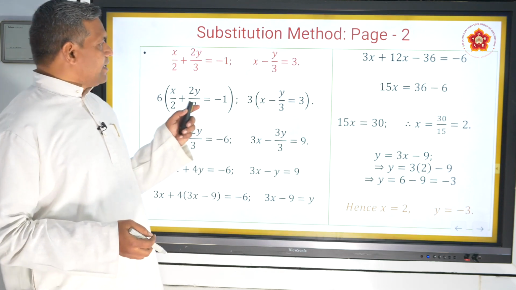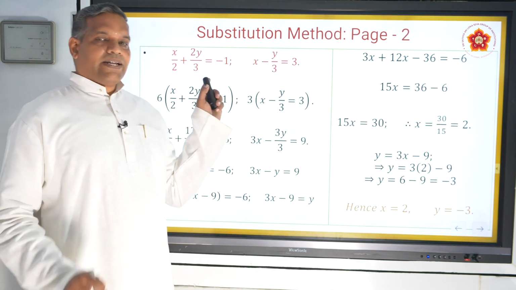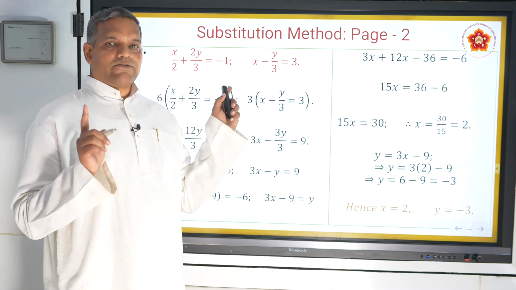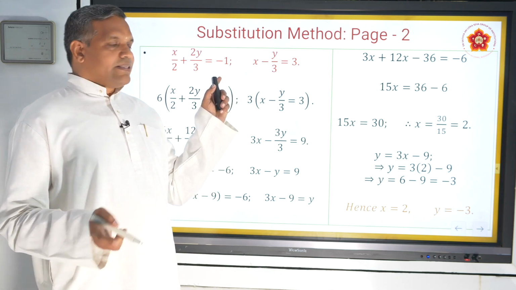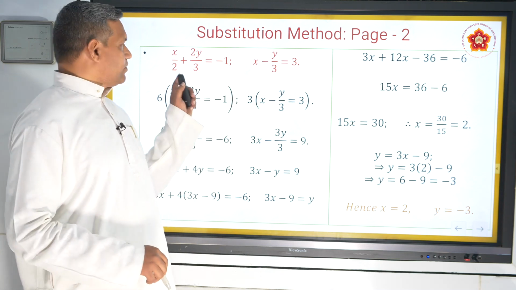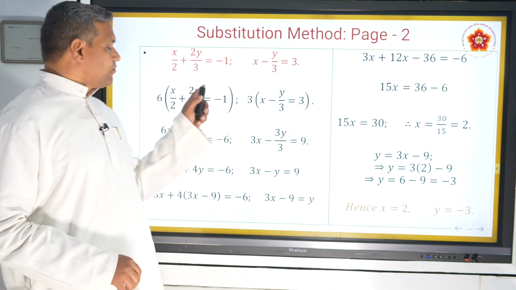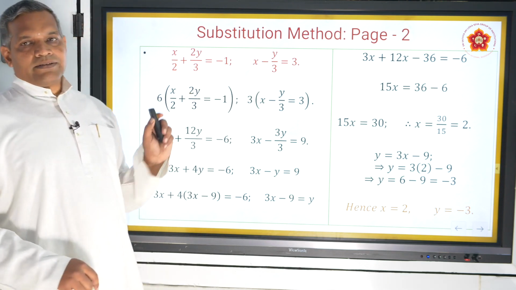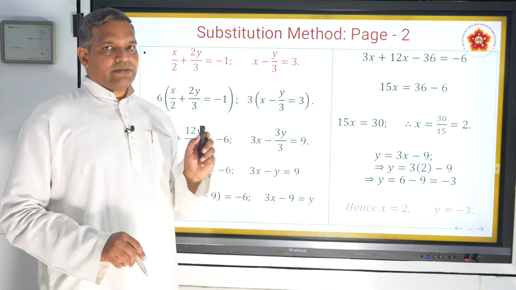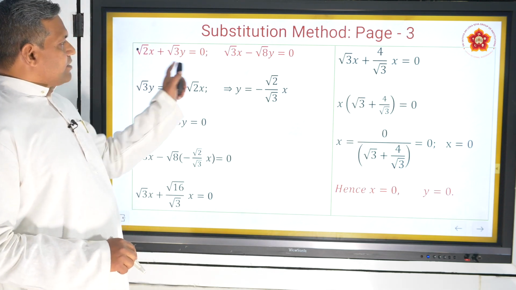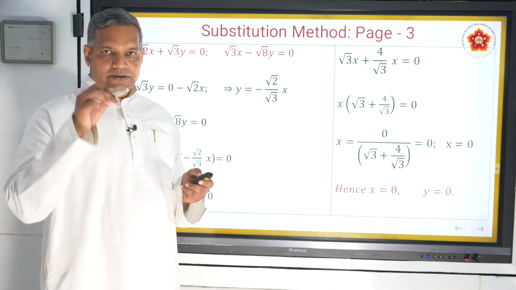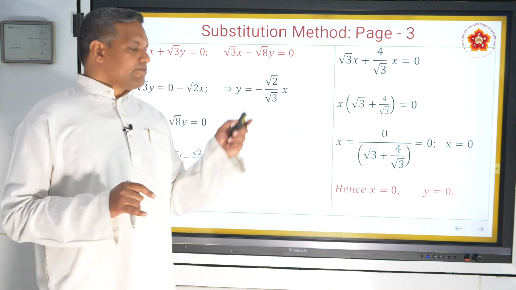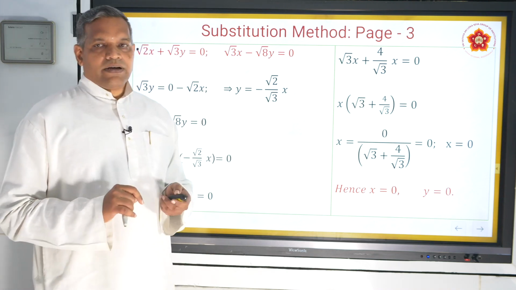Second sum, my selection of the second sum was getting rid of your fear of fractional sums. What you have to do here is take an LCM and multiply. That is the technique, remember. And the third sum selection goes with irrational numbers like root numbers. Don't get scared, use the same process and get the answer.